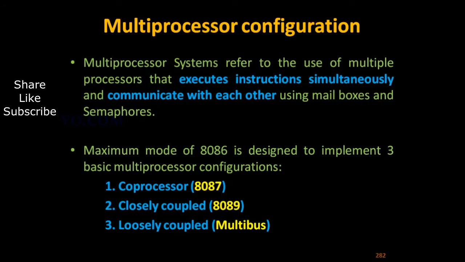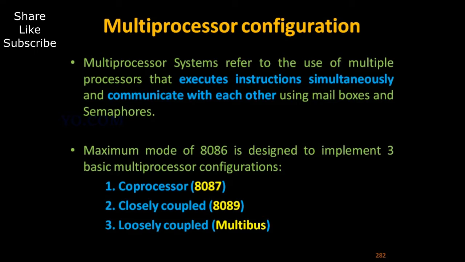A multiprocessor system refers to the use of multiple processors that execute instructions simultaneously and communicate with each other using mailboxes and semaphores. So this is a multiprocessor configuration.